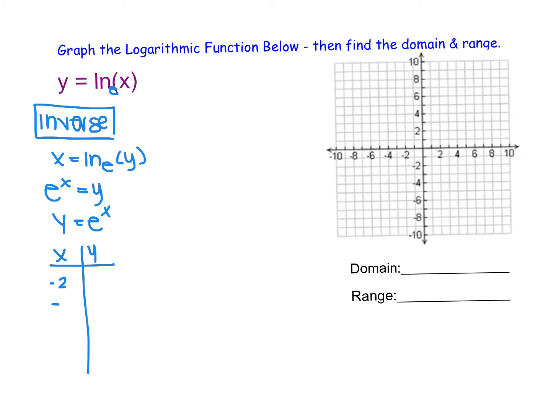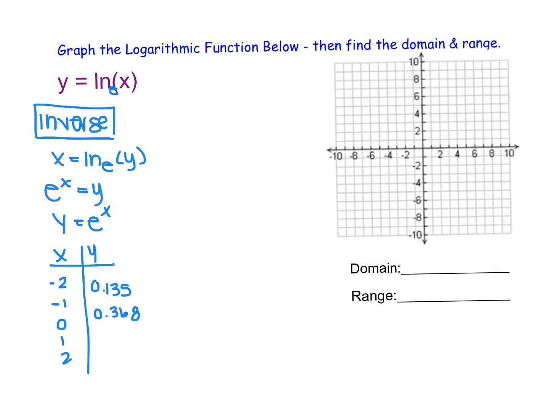So if we take -2 to 2 and plug those into a calculator, because e isn't so nice to just do in our heads, we have 0.135 for -2. Then if we plug in -1, we have 0.368.